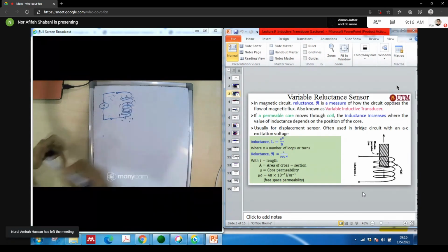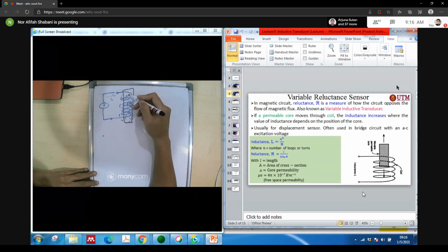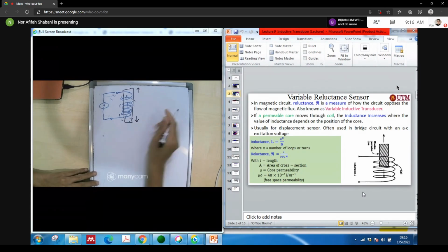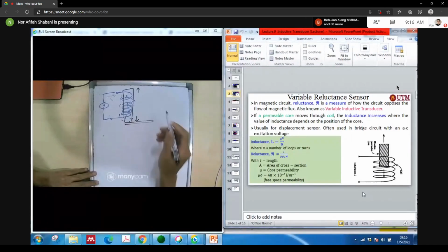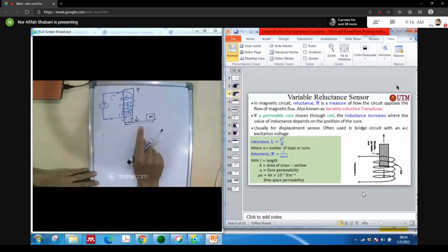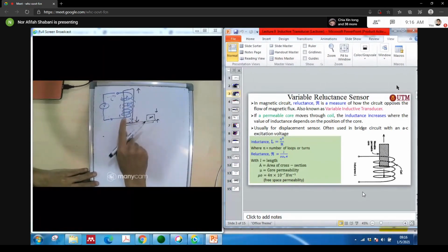Then you will have some movable core here. This movable core will move up and down, or maybe from right to left. You can attach this movable core to some object that you are going to measure, for example, so that you measure the displacement of this object. So you can use this concept.